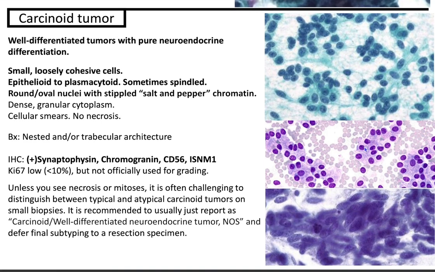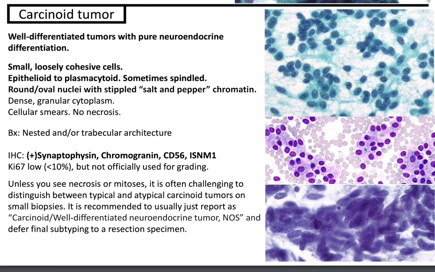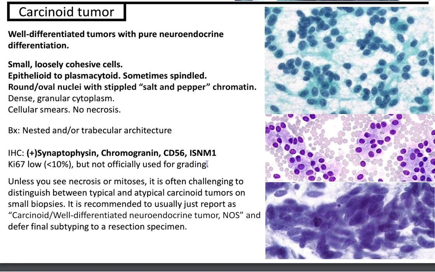On your cell block, you can see nested and/or trabecular architecture, and it should be positive for synaptophysin, chromogranin, CD56, and INSM1. Your Ki67 will oftentimes be low, less than 10%, but of note, it's not officially used for grading as compared to your neuroendocrine tumors of GI origin.